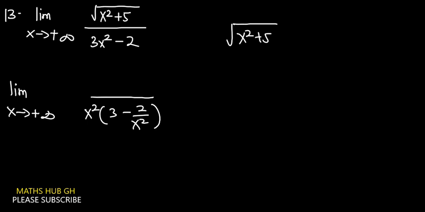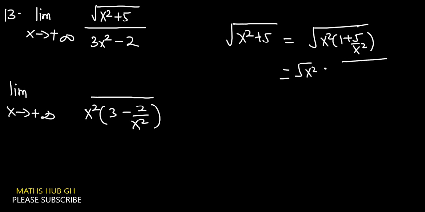I want to factor out x squared out of this. So look at something here. If I rewrite this as x squared, bracket open, 1 plus 5 over x squared, at the end we are just going to have the square root of x squared multiplying the square root of 1 plus 5 over x squared, and this will give us x multiplying the square root of 1 plus 5 over x squared.